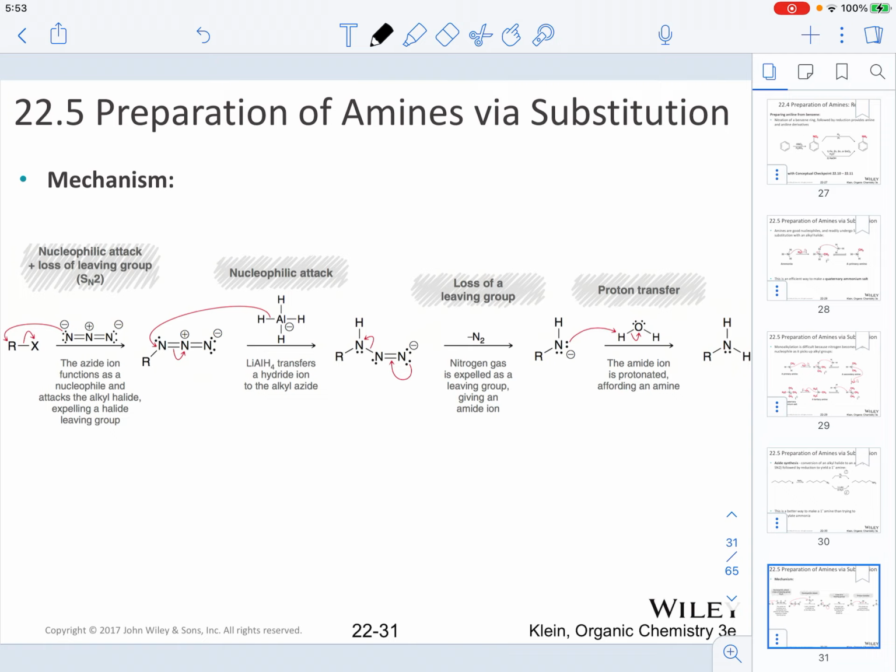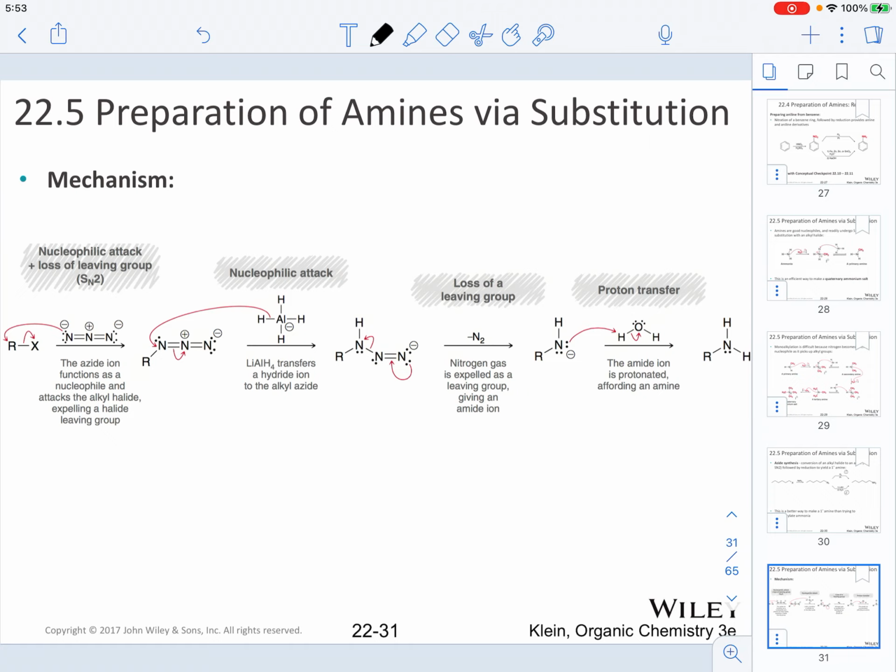Let's go over the mechanism of sodium azide reacting with alkyl halides. We have an azide ion functioning as a nucleophile and attacking the alkyl halide, expelling the halogen as a leaving group. Once that SN2 reaction has occurred, lithium aluminum hydride transfers a hydride ion to the alkyl azide.